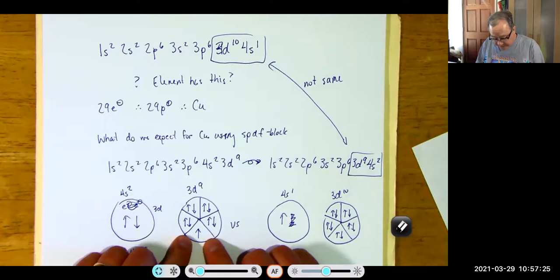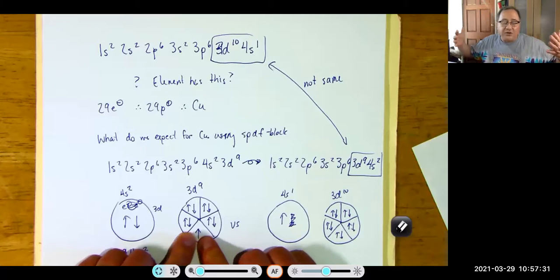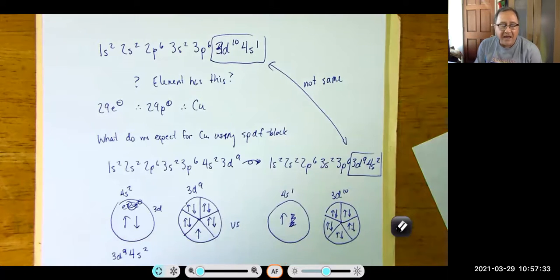Now look at this 3d9. Are these evenly spaced? No. You've got this 1 electron that's got a whole bunch of room by itself, and all the other electrons are paired. It's almost unfair, and there's a waste of space there, where you could put another electron in and make it evenly spaced without much more effort, right? Yeah.